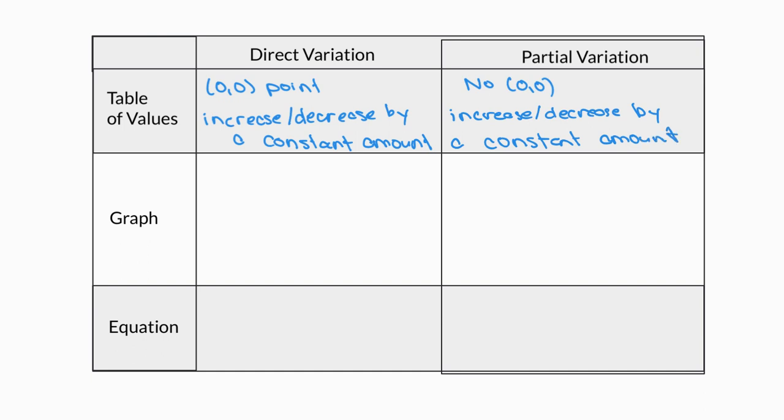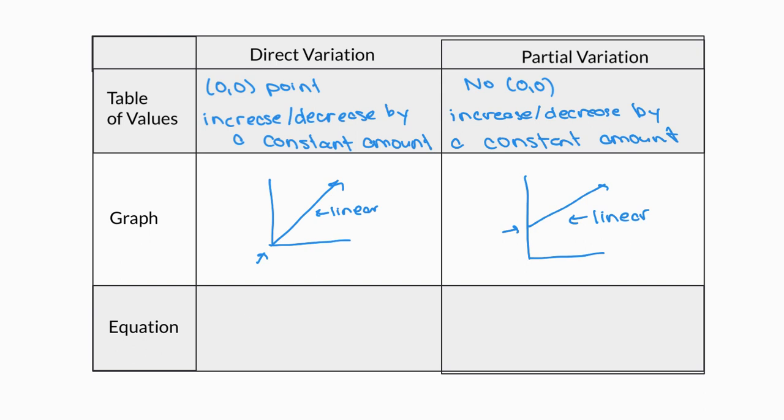The graph of a direct variation should start at this 0, 0 value and be linear. The difference with a partial variation is it's still linear, but it doesn't start at that 0, 0 point. So they're both linear, but one starts at 0, 0 and one doesn't.